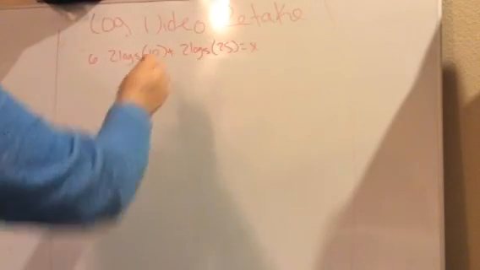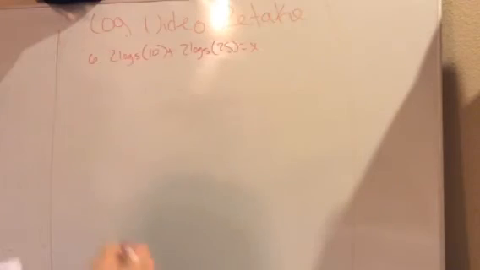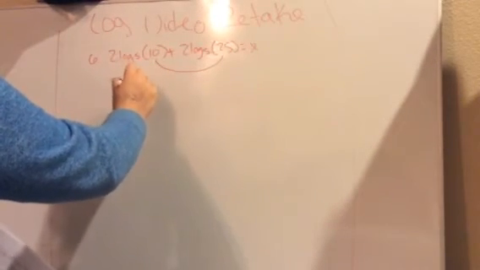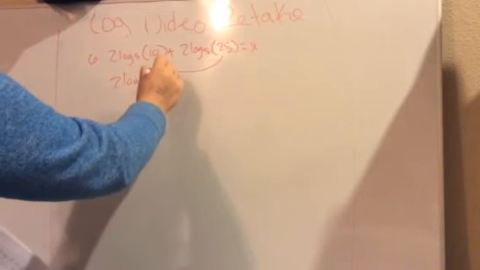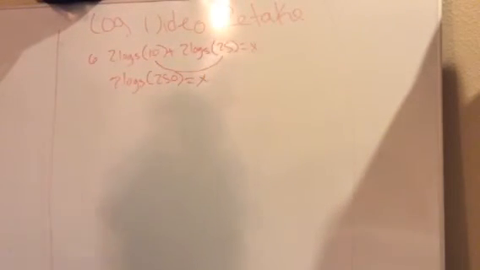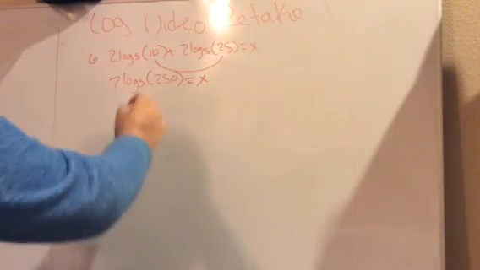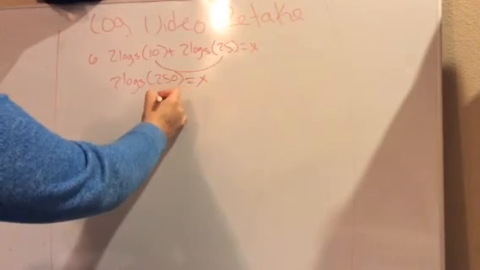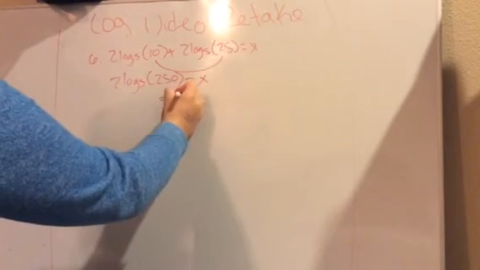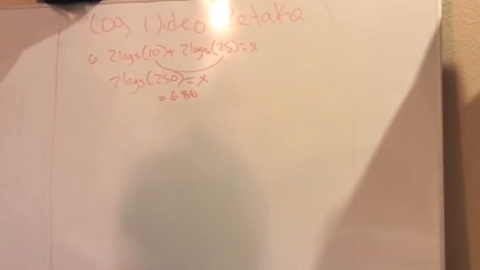So this one's addition. So this one would be multiplication. So you multiply these two together. So it would be 2 log 5 250 equals x. You calculate this out in the calculator, and that would equal 6.86.